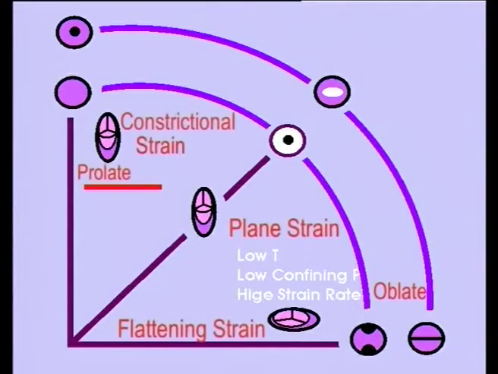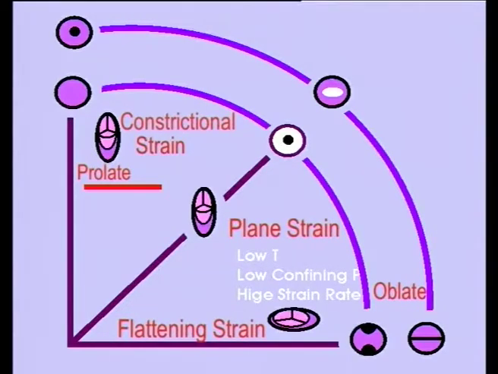Deformations may be such where lambda 1, lambda 2 and lambda 3 are all unequal, but lambda 2 remains equal to 1, or the diameter of the original sphere. There is extension along lambda 1 and shortening along lambda 3, but no deformation along lambda 2. The type of deformation is known as plane strain.